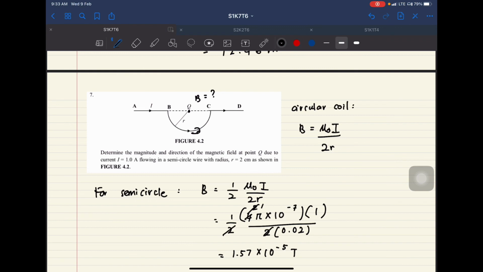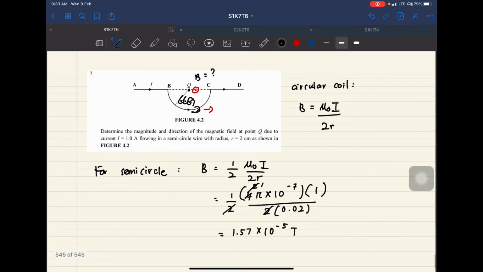So you can see that actually your fingers are like that. Right. So this is the direction of current, roughly in that direction. So this one is actually going out of the page, the magnetic field. Okay. So the direction is out of the page.